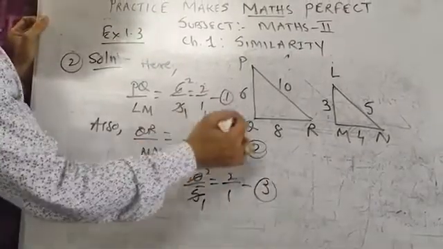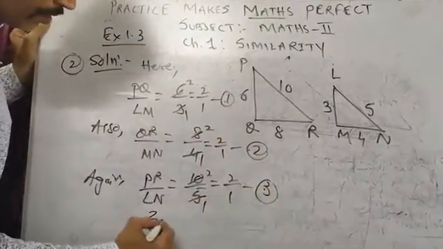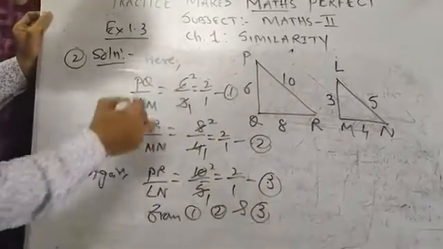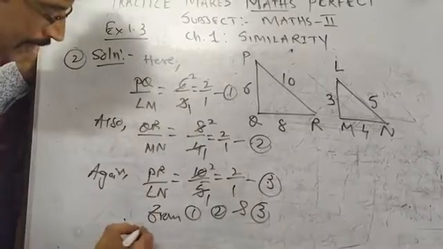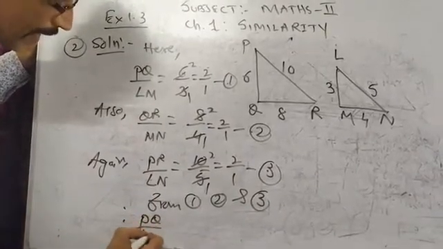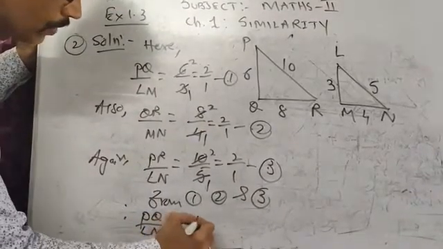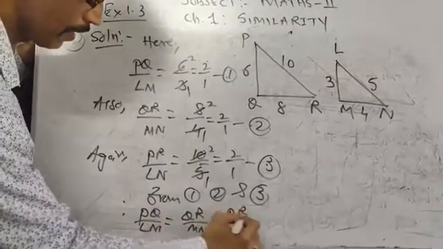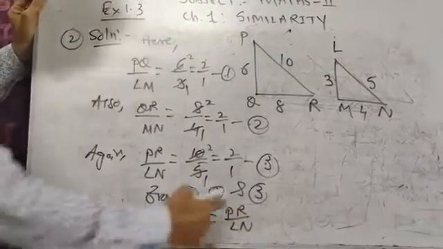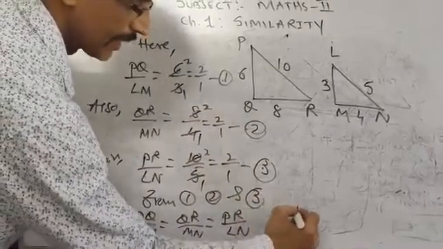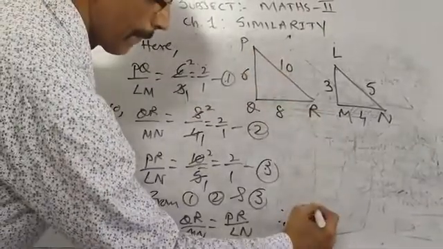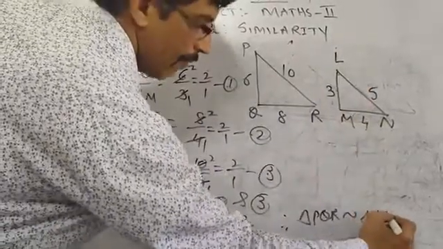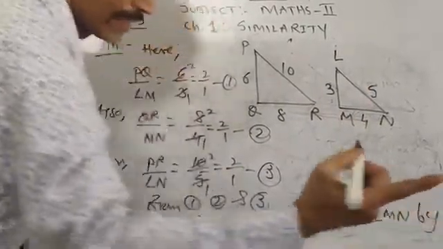So from 1, 2 and 3, you can see all three ratios are equal. As I told you, PQ upon LM is equal to QR upon MN is equal to PR upon LN. So all three ratios are equal. That means triangle PQR is similar to triangle LMN, by which test you know now very well.